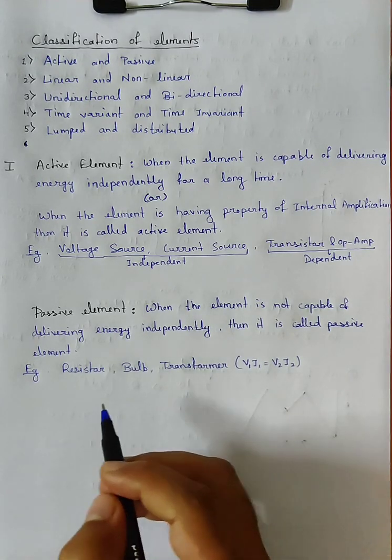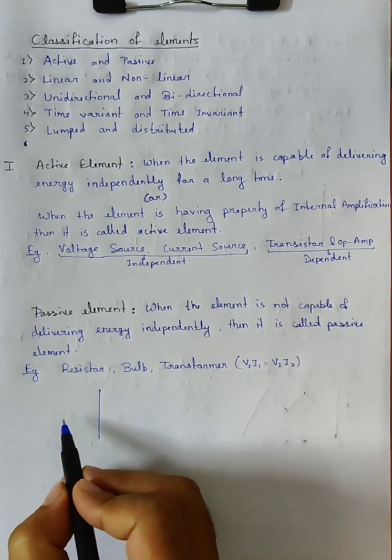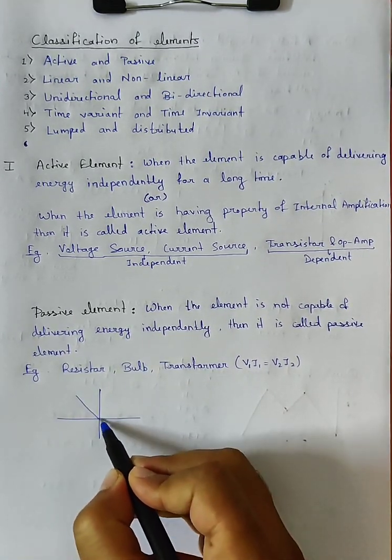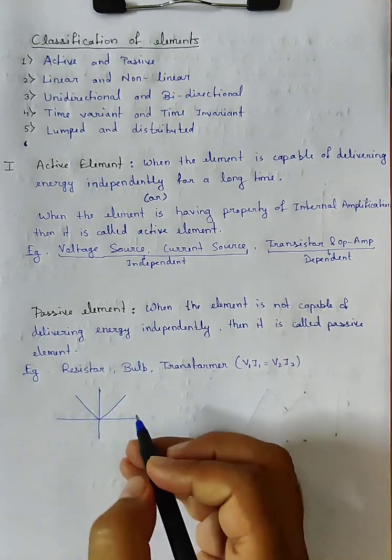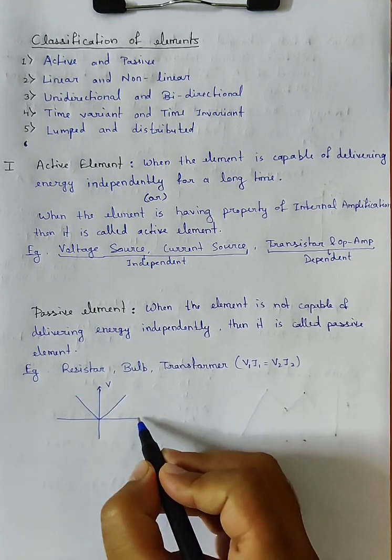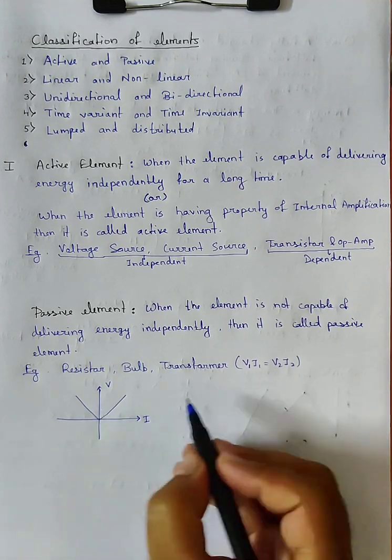Now with the help of a plot of VI, I will tell you how we can identify an active element or a passive element. This is the VI characteristic of an element.